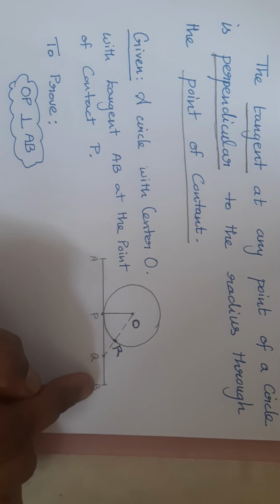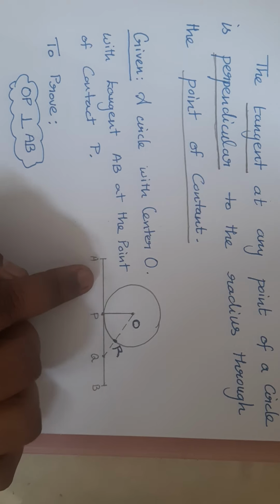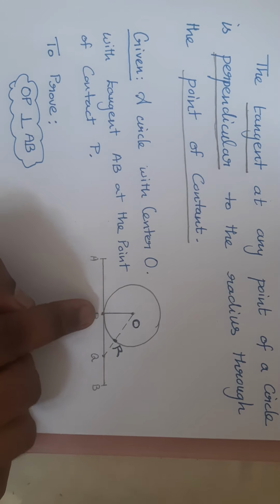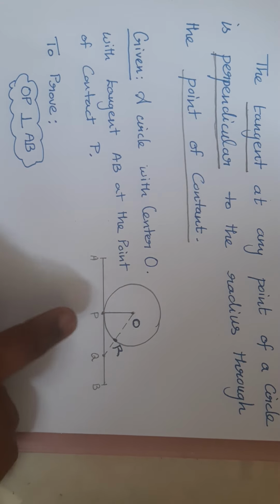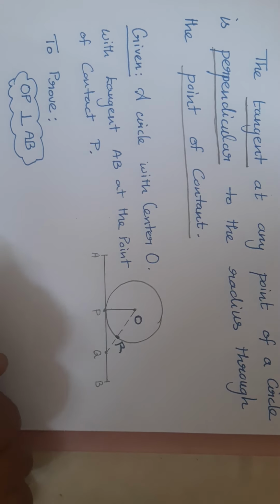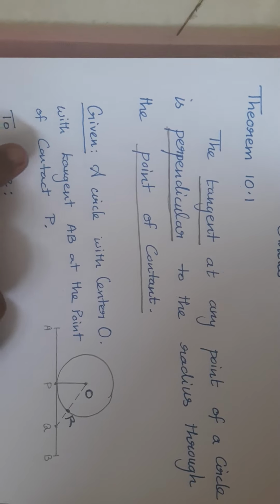If a line touches the circle at one point, that line is called a tangent. So this line touches the circle at the point of contact. This is the tangent, and its name is AB.